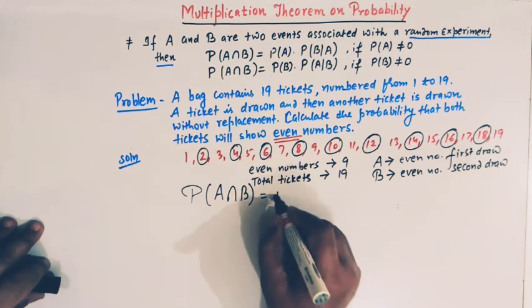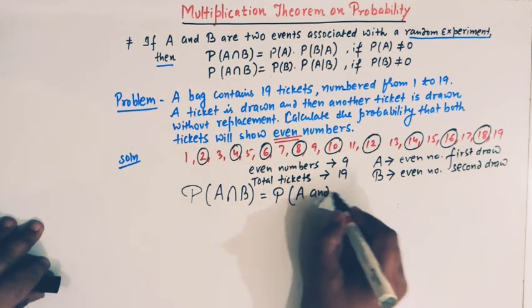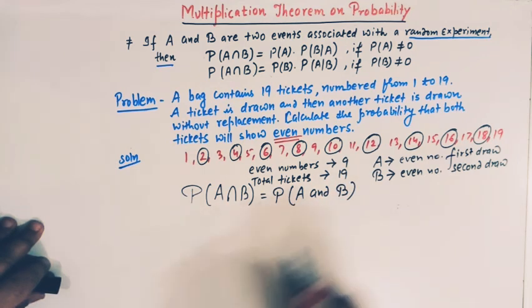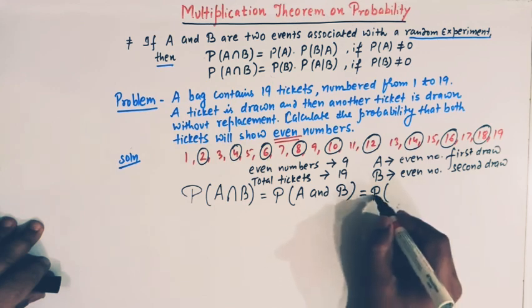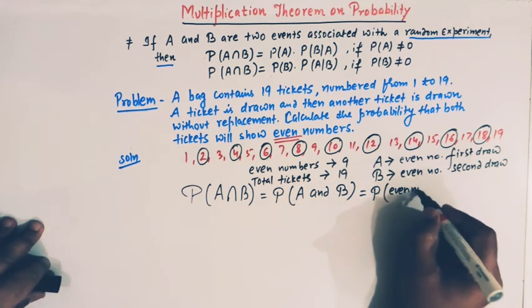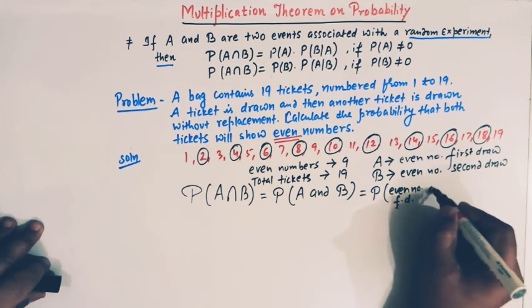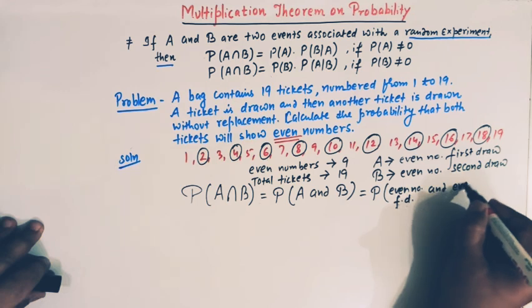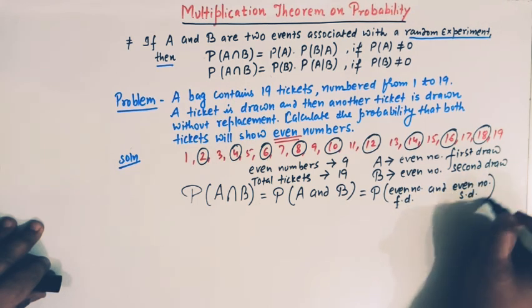It means P(A and B). We can also write it as the probability of getting an even number in the first draw and an even number in the second draw, right?